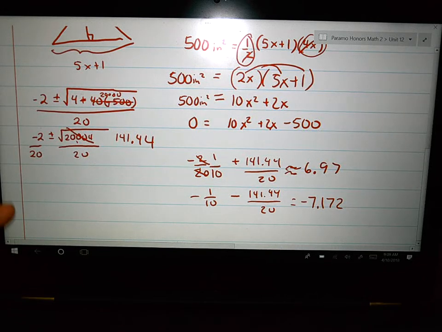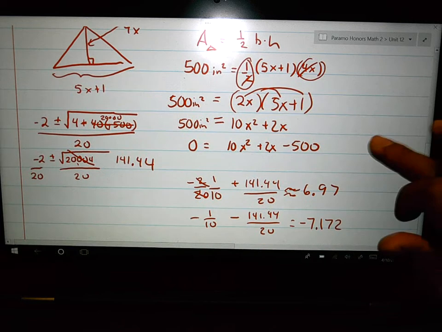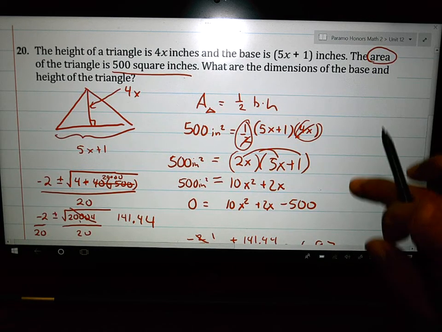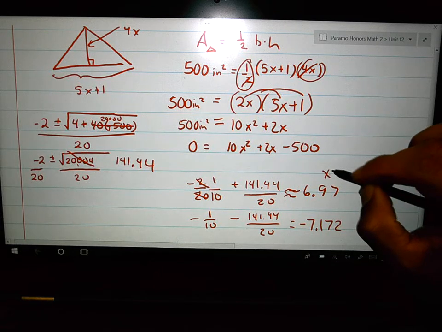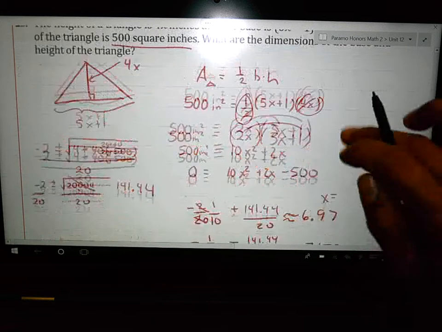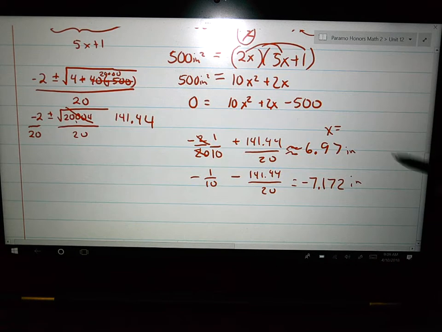Let's go back and make sure I've answered this question, which I have not done yet. What are the dimensions of the base and the height of the triangle? What we found were possibilities of x. X could be this many inches or this many inches. Does one of these answers not make sense?